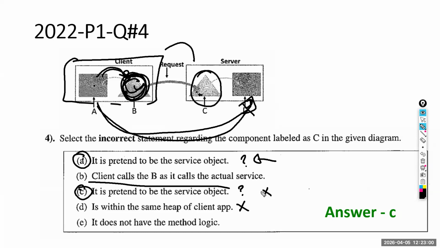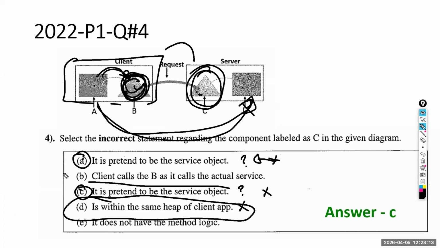ChatGPT also says that, but ChatGPT says this is clearly the wrong answer. Is within the same heap is clearly wrong. So then maybe A is wrong, C is wrong because both are the same answer, and D is wrong. But I don't know, the examiner has not taken D for some weird reason. Okay.